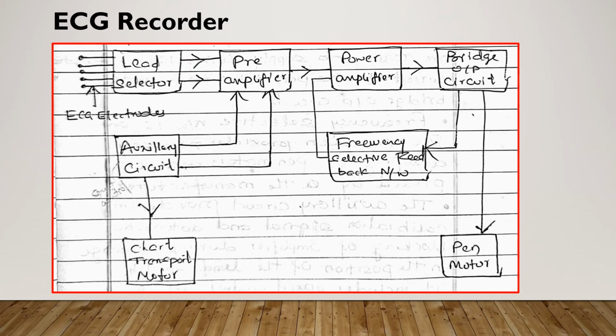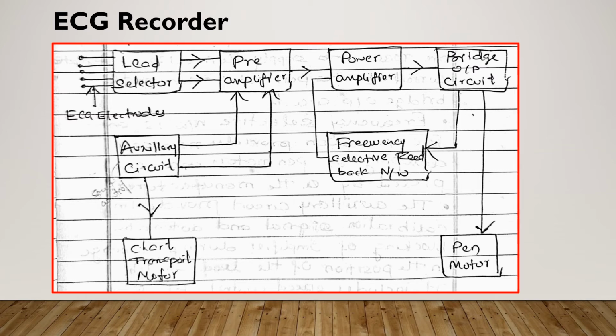Next is the ECG recorder. An instrument which records the electrical activity of the heart is called an electrocardiograph. ECG provides valuable information about a wide range of cardiac disorders.